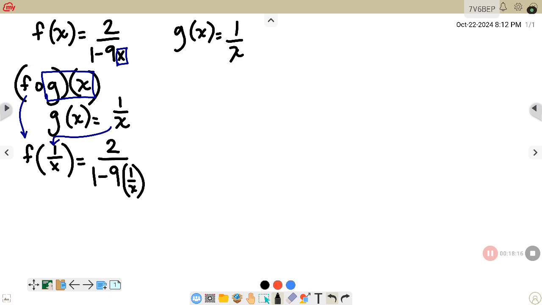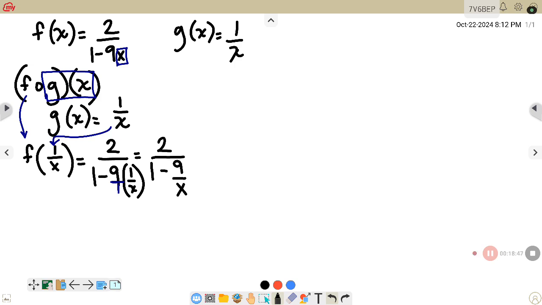So now we need to simplify this. 2 in the numerator. In the denominator, I'm just going to bring over the 1. I have minus 9 times 1 over x. So I'm going to think of it as minus 9 over 1. When I multiply, I just go straight across in the top and bottom, so I'm going to have minus 9 over x.